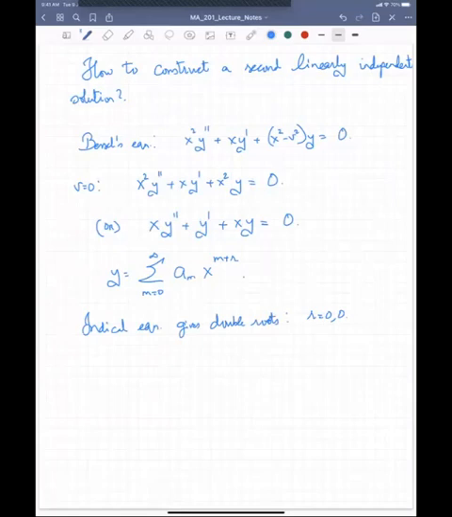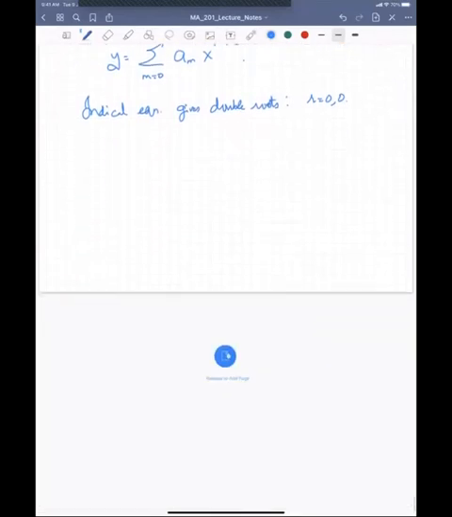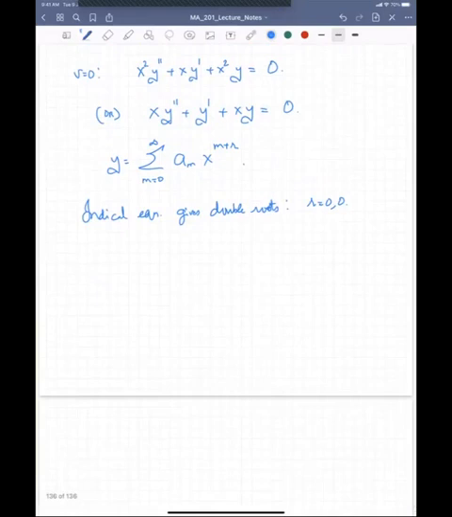Because in the general case, your indicial equation gives plus minus nu. Of course, for nu equal to 0, you would get a double root. So in the case of a double root, you know how to write down the second linearly independent solution.